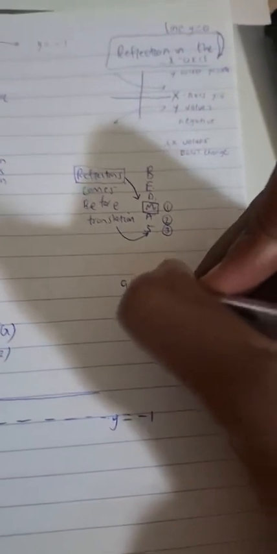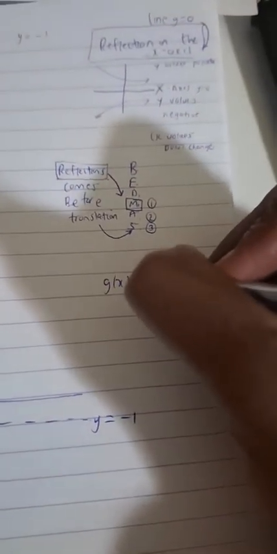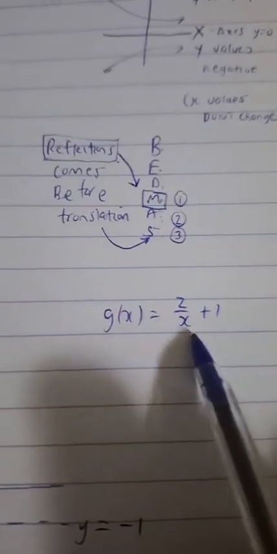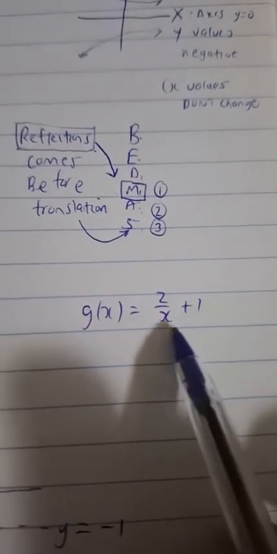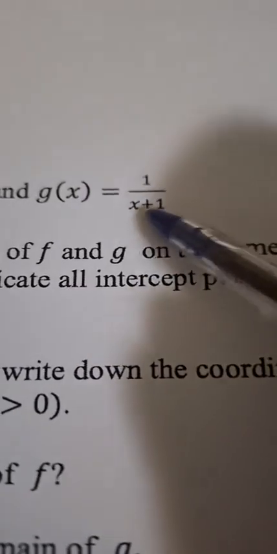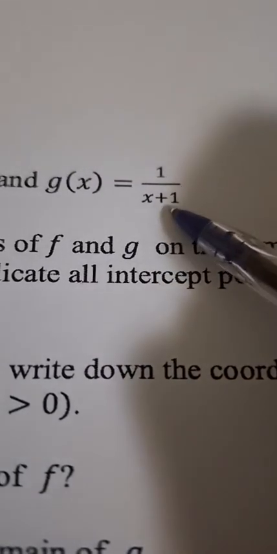For grade 10, let's just say the two functions, let's take g of x to be 2 over x plus 1. Let's just improvise here, because remember the grade 10 hyperbola function never will have a binomial expression in your denominator.